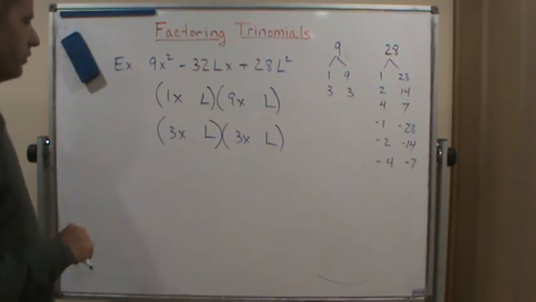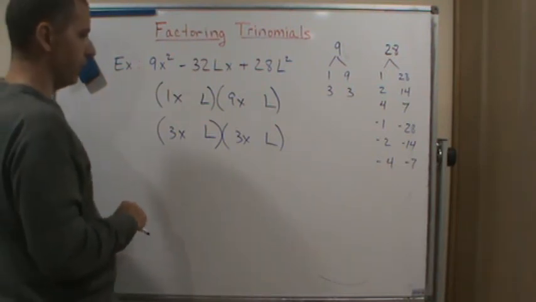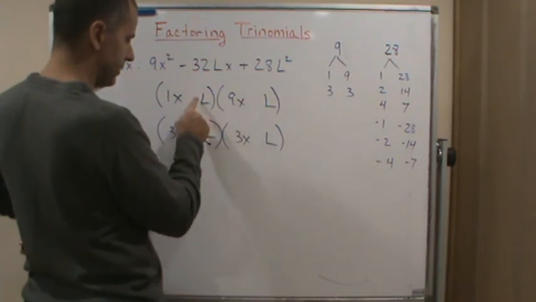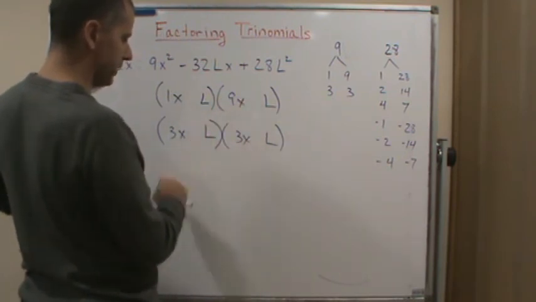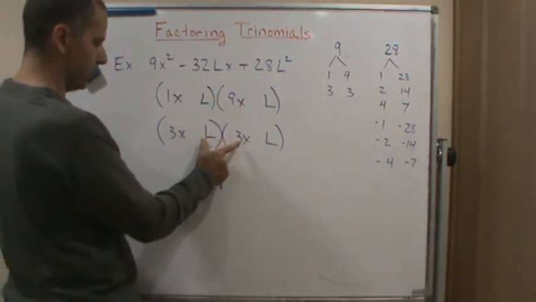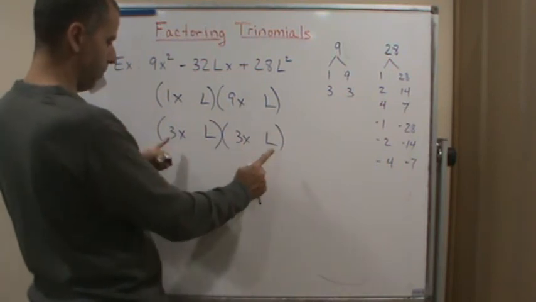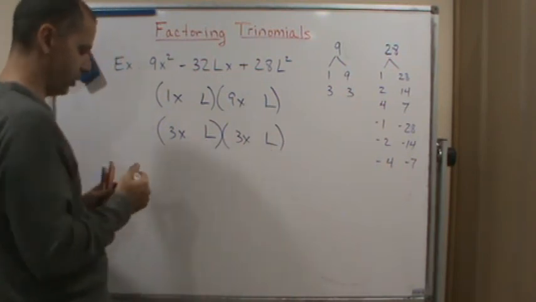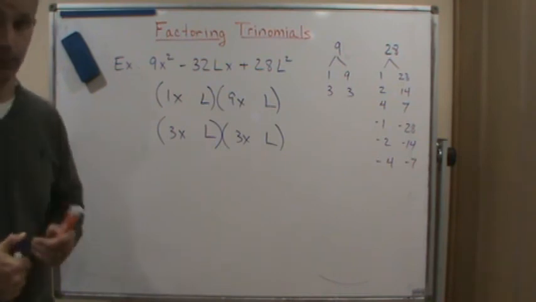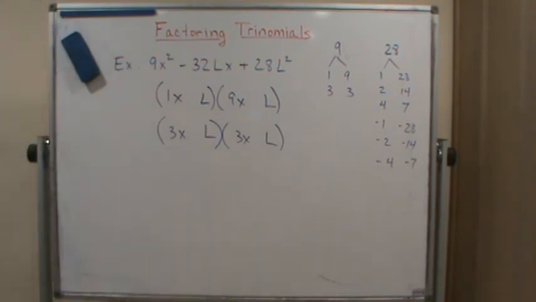In this case, we want these numbers to be such that when we multiply the inside and the outside and add those, we get a negative 32. And so the answer turns out to be negative 2 and negative 14.